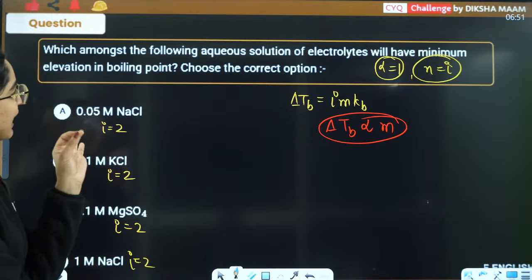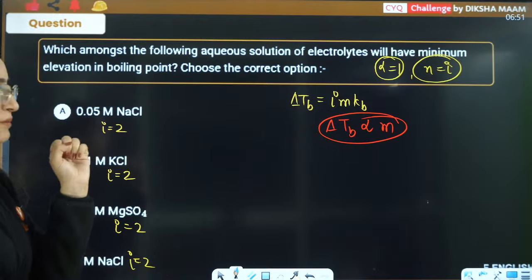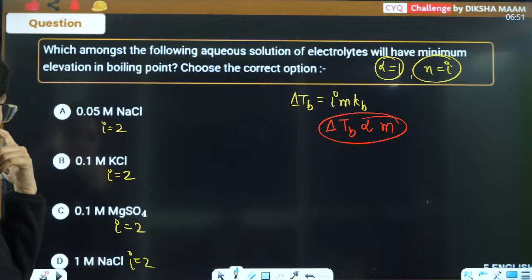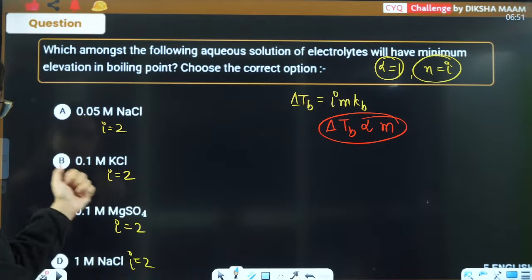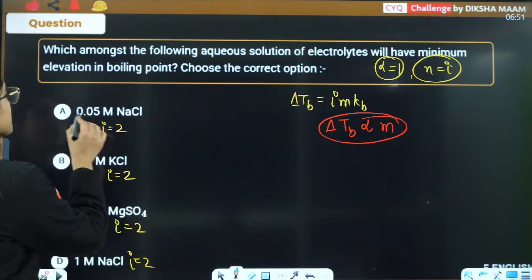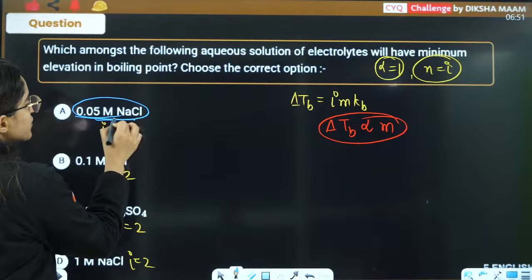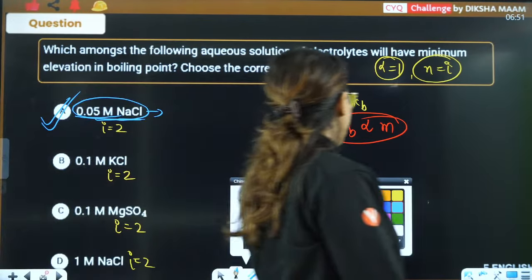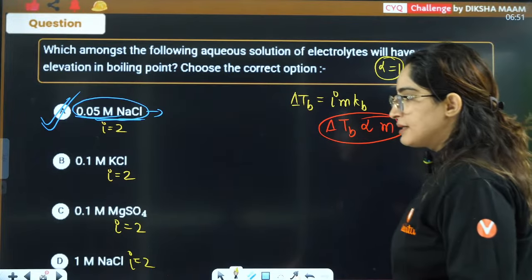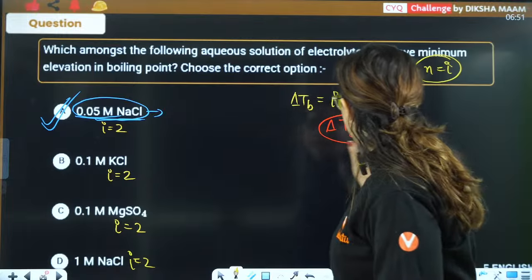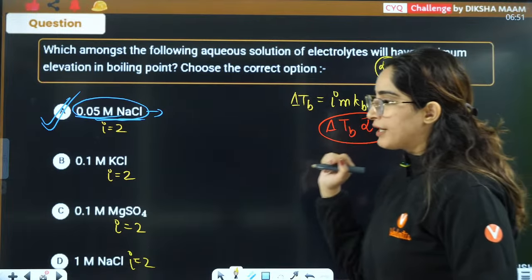Minimum elevation, that means this delta Tb has to be minimum, right? So you can say the value is, they both have the same. This has maximum, minimum will be then this one, because this has the lowest value of molality, so it is going to have the lowest value of delta Tb, right? Okay everybody, lowest value of molality, so it is going to have the lowest value of delta Tb.